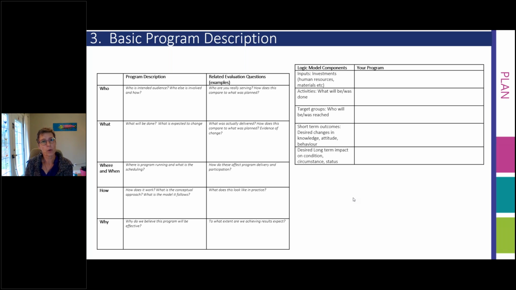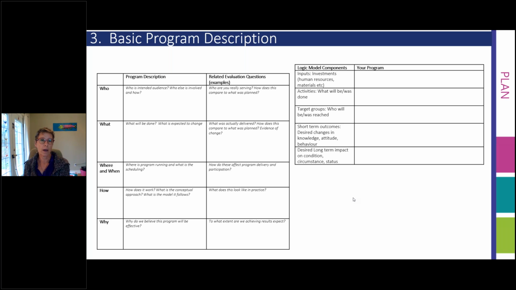Where and when is this program happening? How is it working? Is there a theory or a model on which it's built? Is it a best practice, where we're trying to model our program after another program? And why do we believe that this program will be effective?